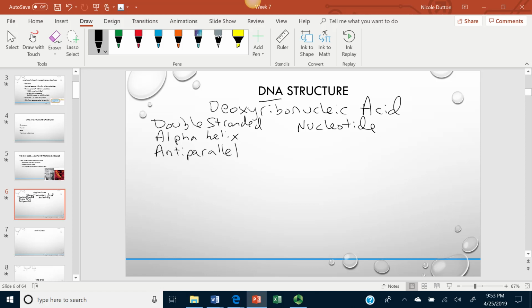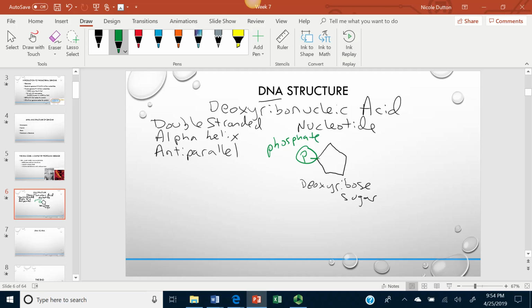And a nucleotide has three major parts: deoxyribose sugar, a phosphate, and a nitrogenous base.